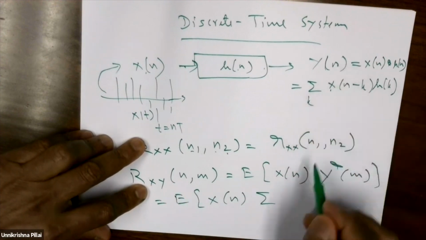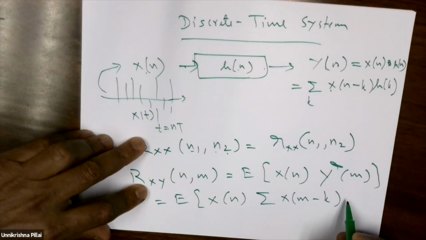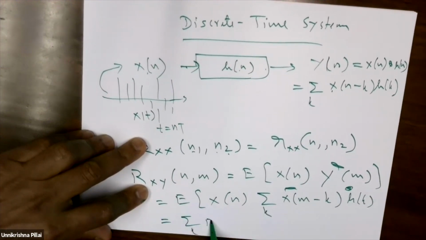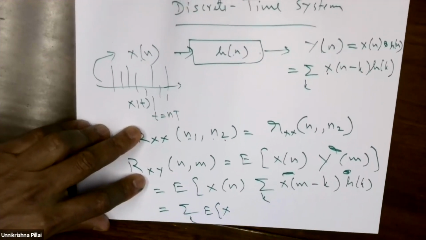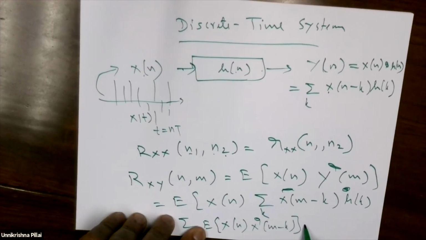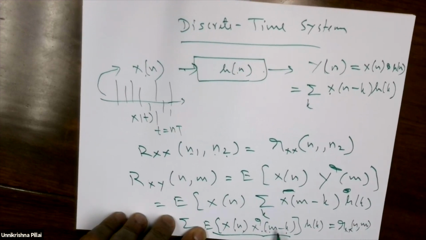For ym, I copy from here: the summation over k of x of m minus k multiplied by hk, with a star here. So this is the summation over k of the expected value of xn multiplied by x star of m minus k multiplied by h star of k. But this is Rxx(n, m minus k). So Rxx(n, m) is convolved with h of m, with a star here.